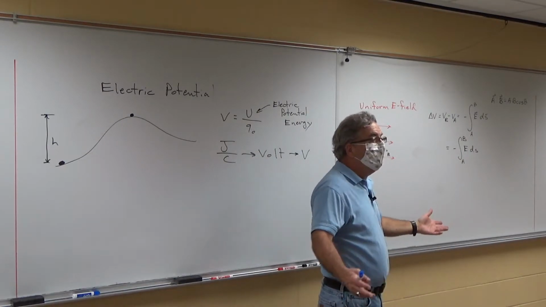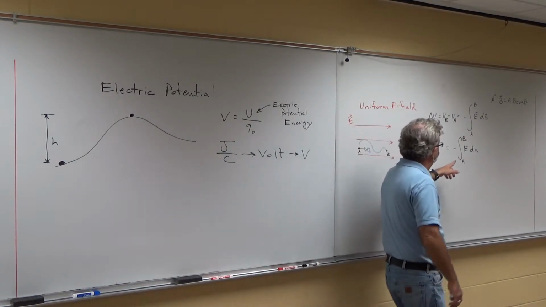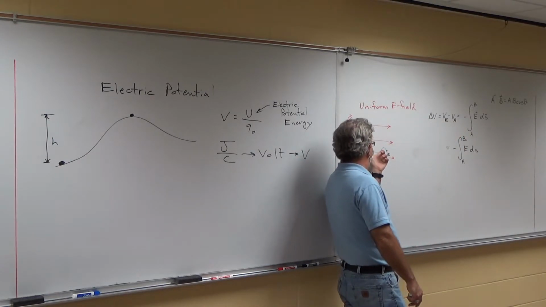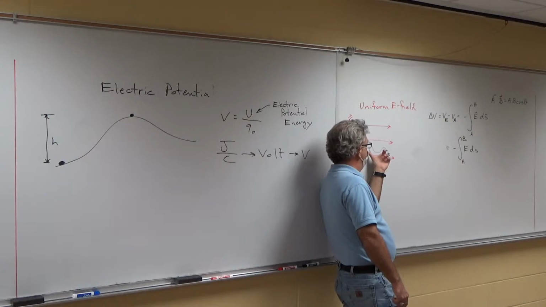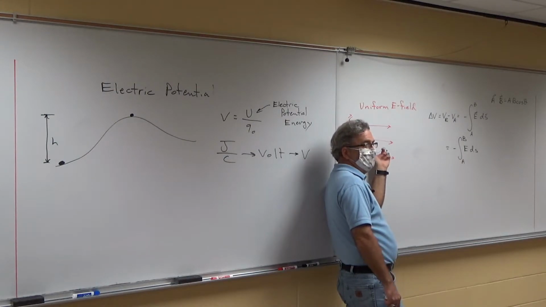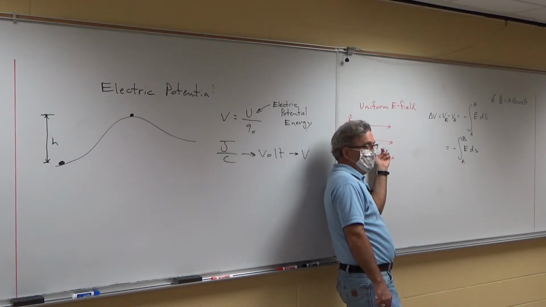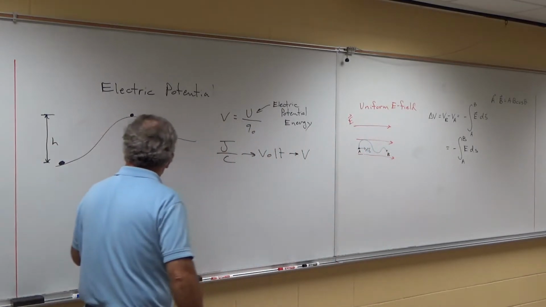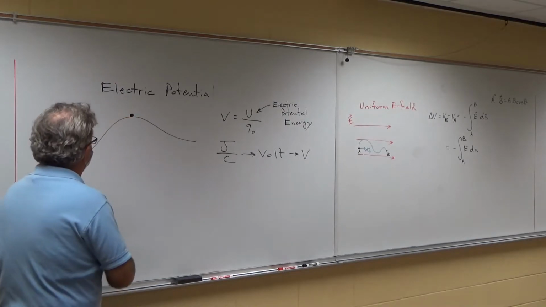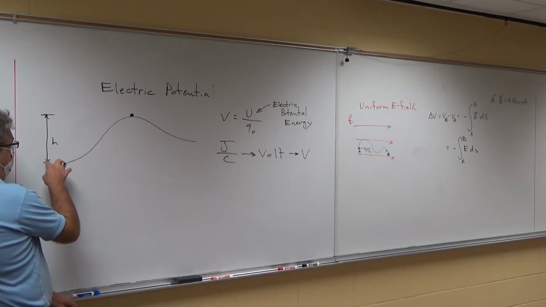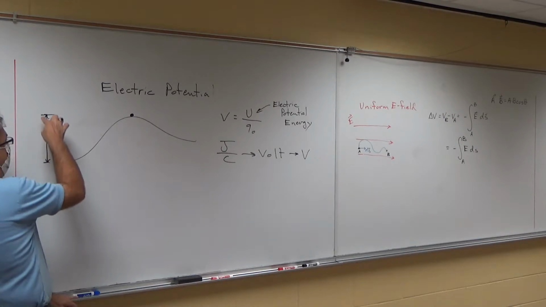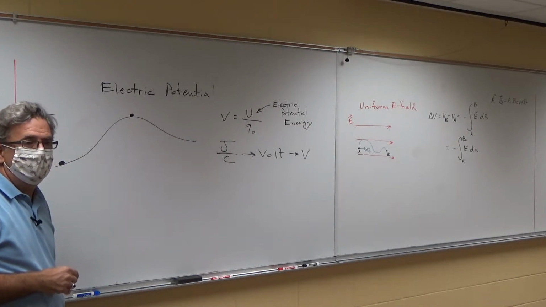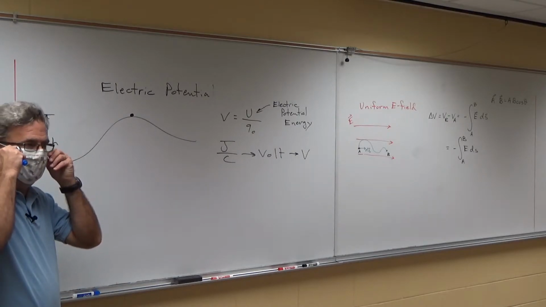In the end, it works out just to be E dS, where the integral of dS becomes this distance between A and B. Just like here, the only thing that really mattered was the distance between where you started and where you ended up along the y-axis.